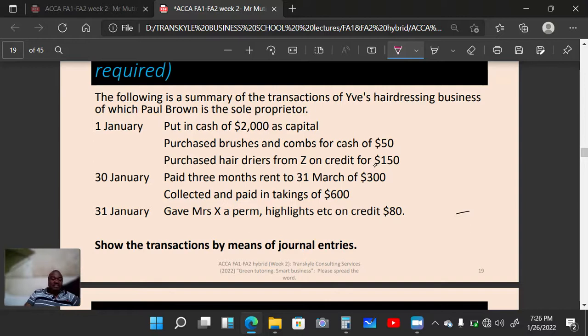Remember the accounting conventions which say that the business should be separate from its owner, a separate entity concept. So by so doing, the transaction should be recorded separately. What is the journal entry, or what is the double entry? We've put cash into the business.